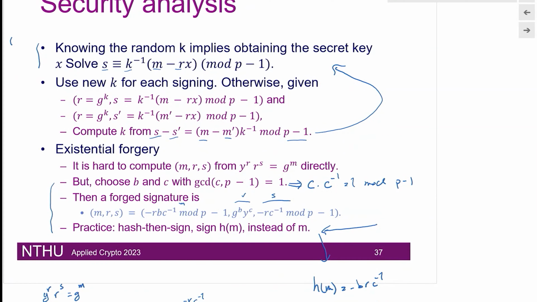Small mistakes, like somebody revealing this randomness k, somebody using the same k to sign two different messages, or someone not wanting to use the hash function, show how insecure your digital signature can turn out to be. At least lessons are learned, and when you want to use them in practice, you won't make these mistakes anymore.